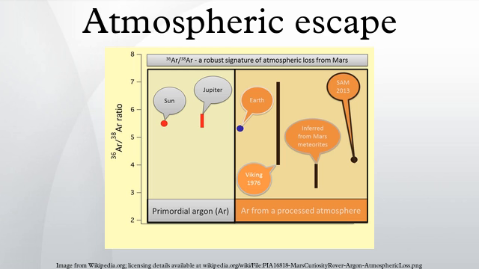References. Further reading: Hunten, D.M. Atmospheric Evolution of the Terrestrial Planets. Science 259, 915-920. Lammer, H.; Bauer, S.J. Atmospheric mass loss from Titan by sputtering.